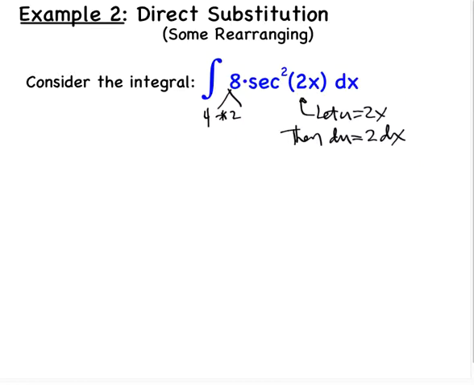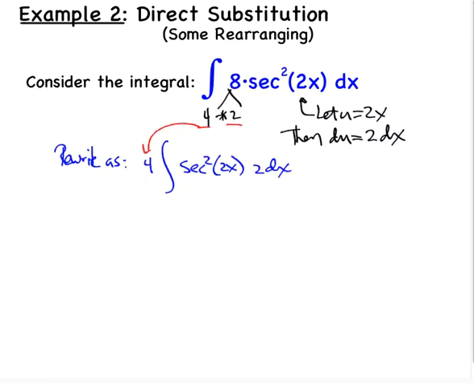So I'm going to rewrite this. So you see I broke up the 8 into a 4 times 2. I put the 4 on the outside of the integral. I grouped the 2 with the dx so that it matches everything I need for my du.